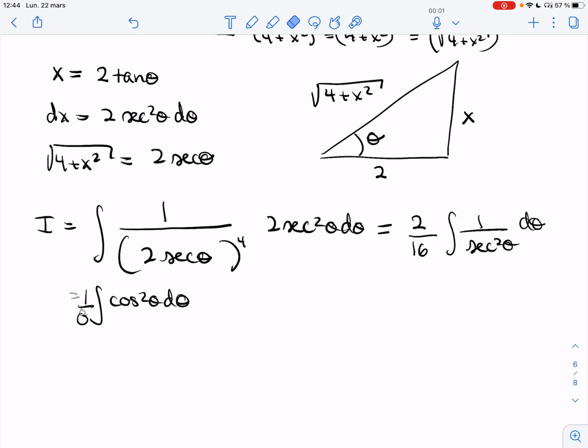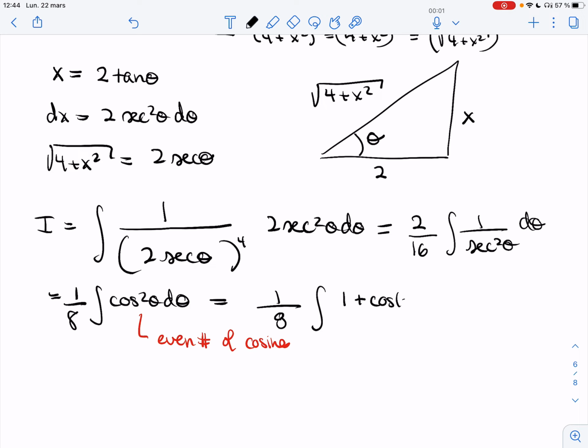And now we land in familiar territory. We have an even number of cosines. And so that's going to be 1 over 8. I'm going to use the identity, so that's 1 plus cos 2 theta divided by 2.